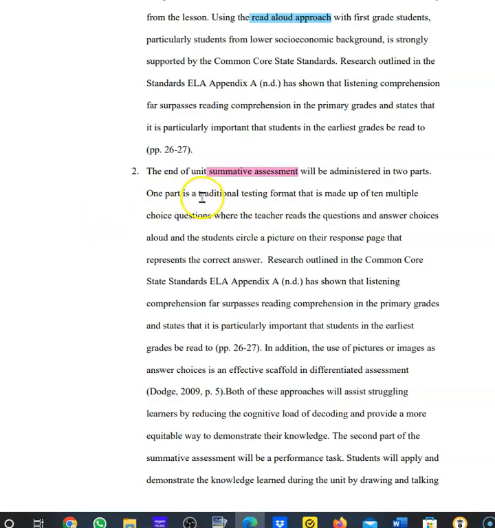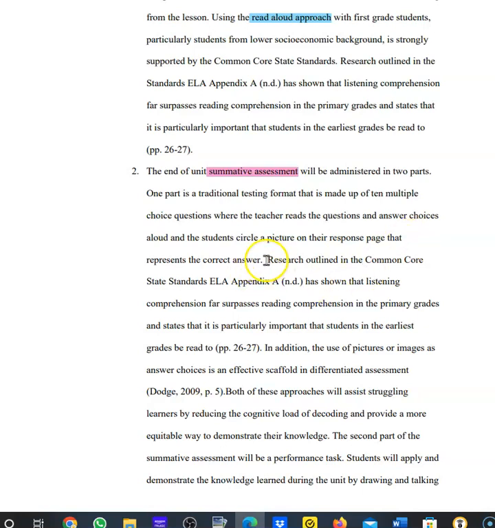All right, one part, it's going to be administered in 2 parts. So one part is a traditional testing format that's made up of 10 multiple choice questions where the teacher reads the questions and answers choices aloud. And the students circle a picture on their response page. Excellent. I want to have that kind of detail. Remember, the administrators who are reading this, they need to know what kind of an assessment you are outlining in this curriculum.